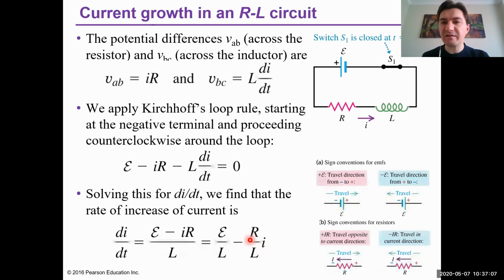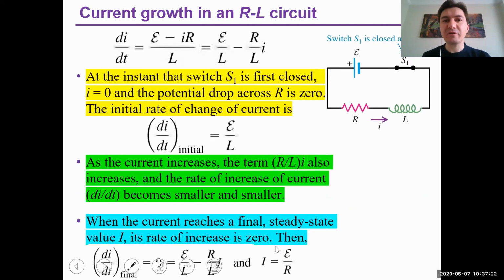The current is not constant. It is changing with time, okay? For this reason, we have shown the current by using a lowercase letter. So let's continue. Look at that equation. The current in the circuit changes with time depending on these parameters.